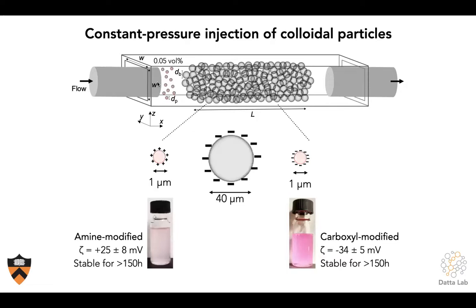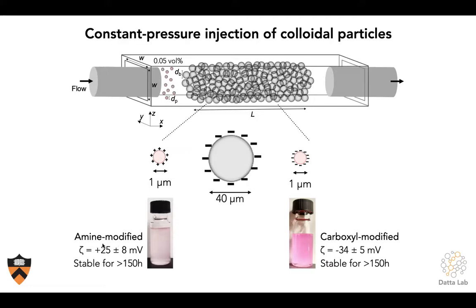And to study colloidal deposition and the influence of surface chemistry, we used polystyrene microparticles, 1 micron in size. Polystyrene is actually one of the most prevalent microplastics. So these are microplastic particles where we change the surface chemistry.